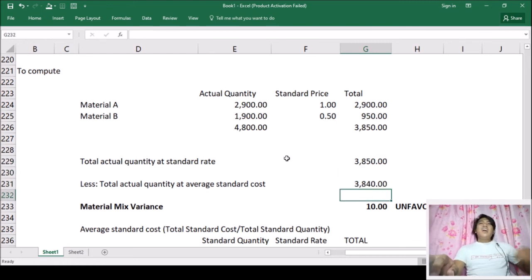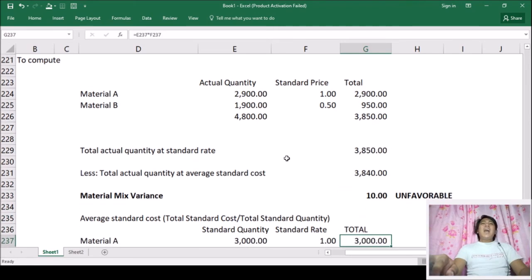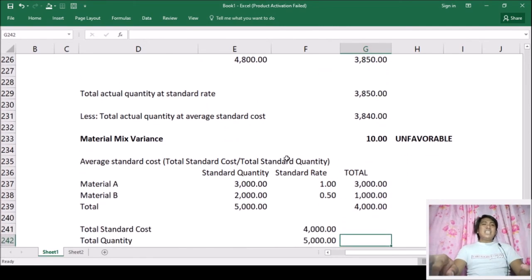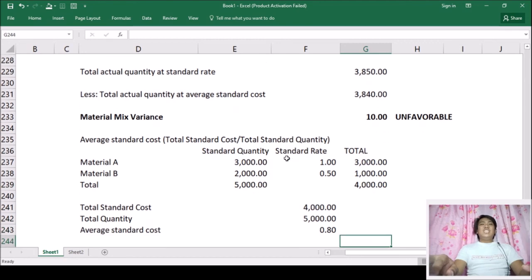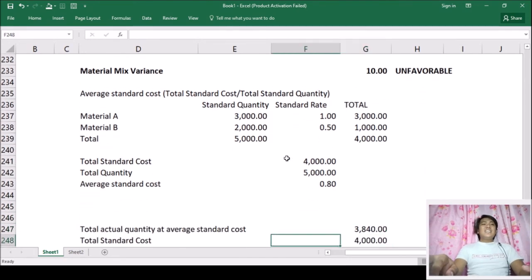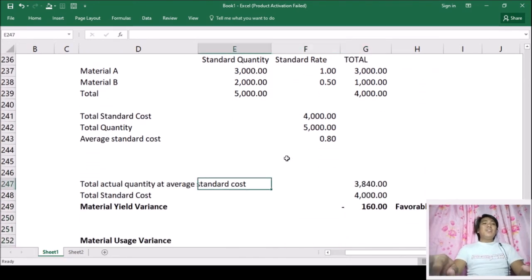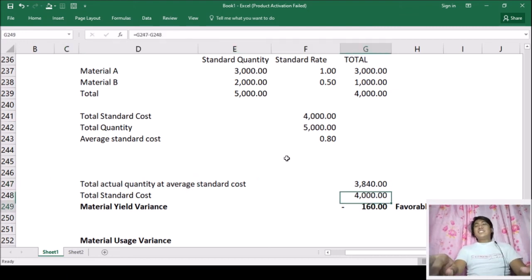Okay, tapos na ako sa material mix. How about naman sa yield? Okay, mas madali na, yun lang yung yield. Kasi, yung total actual quantity na na-compute natin at average standard cost, gagamitin pa rin natin yon, which is 3,840.